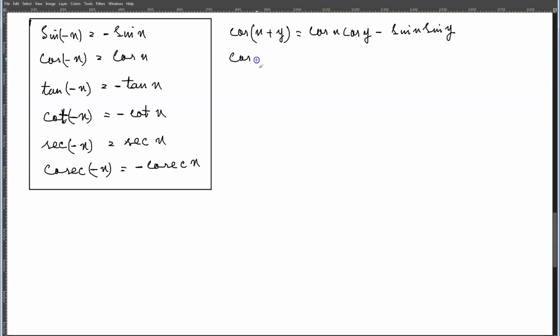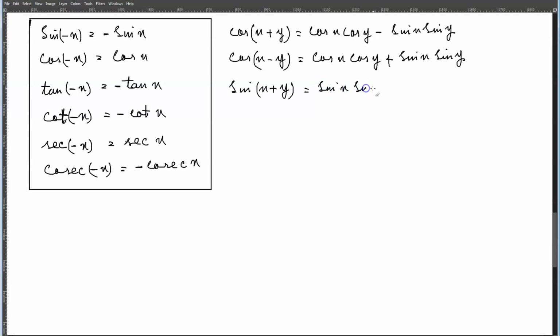Then we had cos of x minus y, which was equal to cos x cos y plus sine x sine y. Then we had sine of x plus y, which was equal to sine x cos y plus cos x sine y.